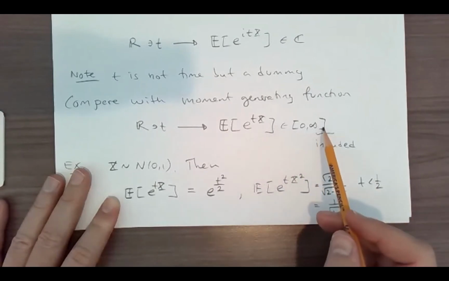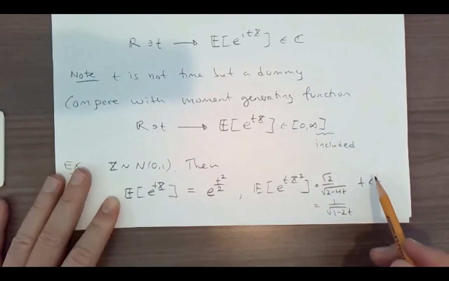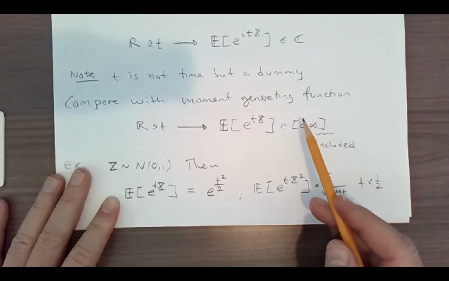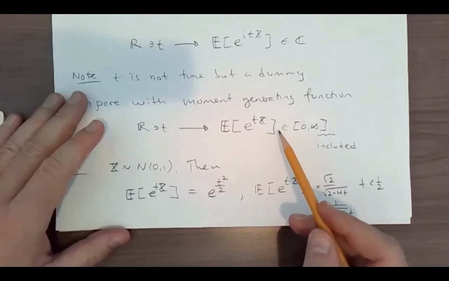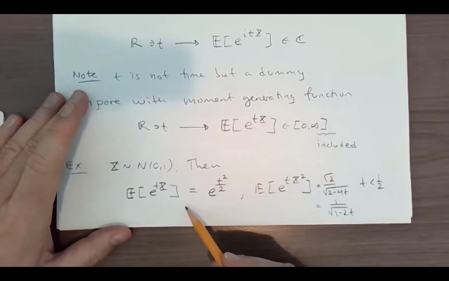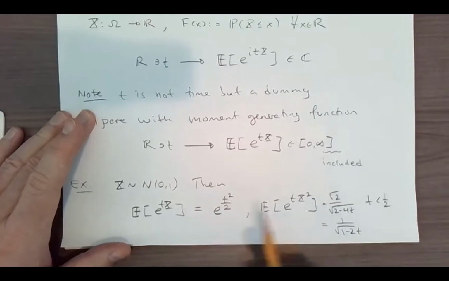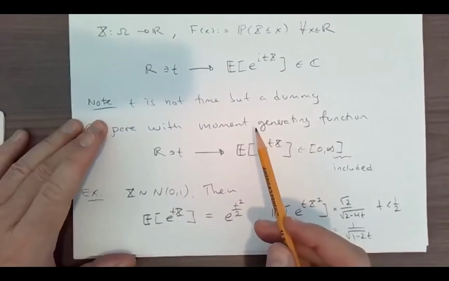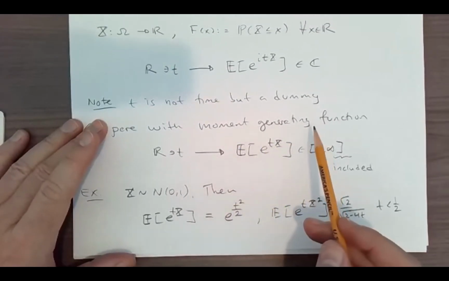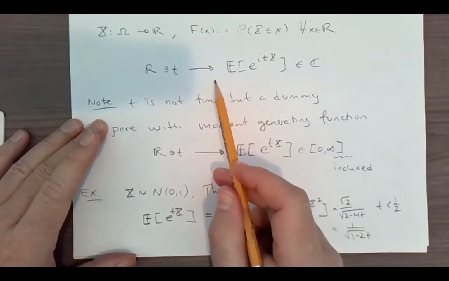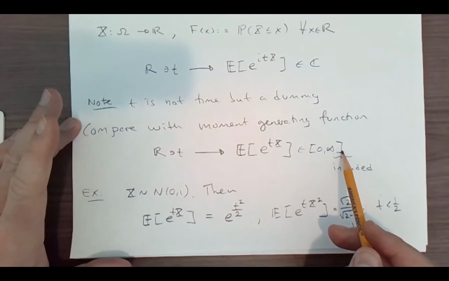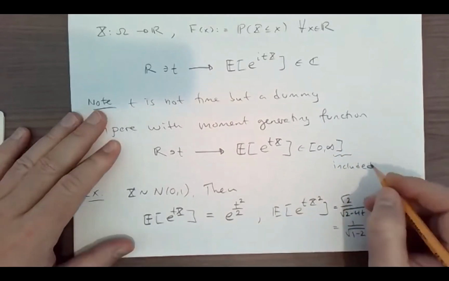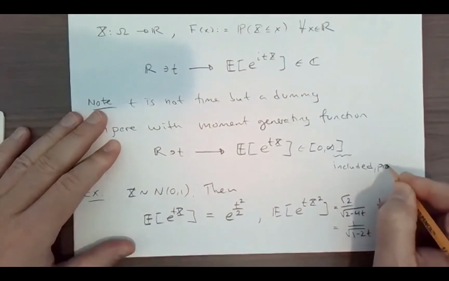When t is equal to a half or bigger than a half, this moment generating function becomes plus infinity. This is the main reason why we won't be interested in using the moment generating function, because it can be plus infinity. And this is the problem, right? So this is problematic.